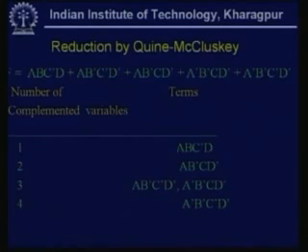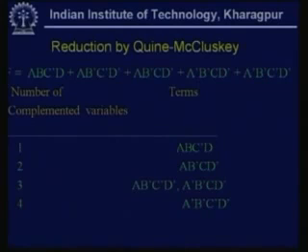If the number of complemented variables are 3, then there are 2 terms a b dash, c dash, d dash, a dash, b dash, c d dash, 3. Number of complemented variables are 4, I have only one term a dash, b dash, c dash, d dash.